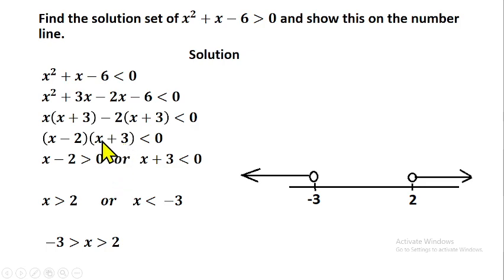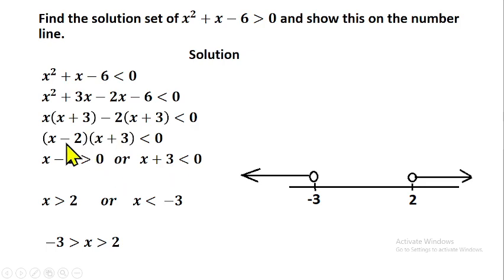When I solve for s here in this one, that means my s will be minus 3. Because if I take plus 3 to this side, it becomes minus 3. So that means minus 3 is going to be less than 0, so I'm going to put less than 0 in this one. But if I take this minus 2 to the other side, it becomes plus 2, and that is greater than 0. So this one will be having greater, this one will be having less than.